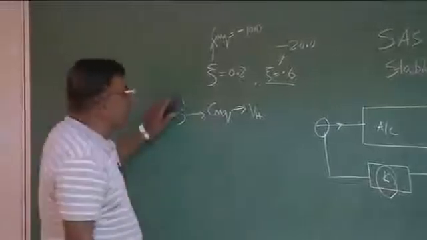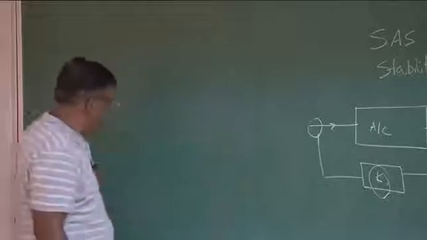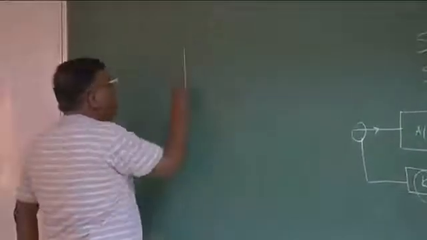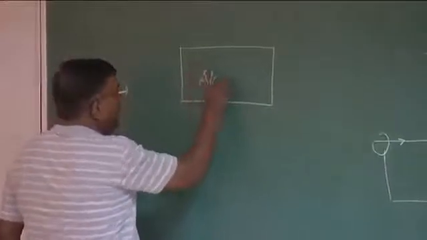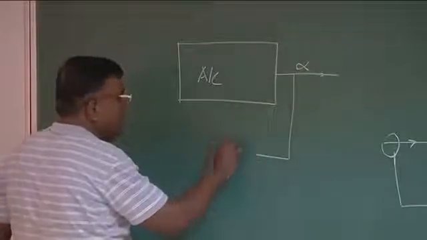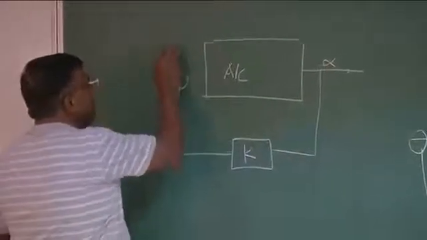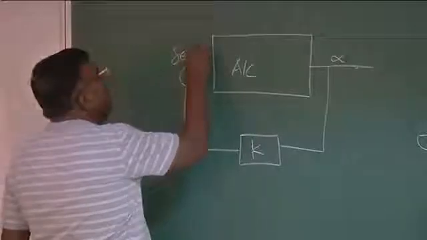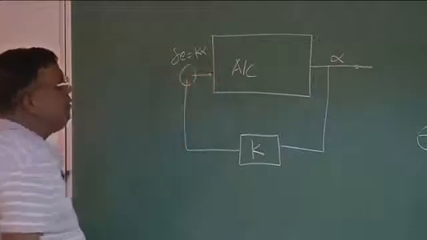Similar thing if you want to do for natural frequency. If you want to change natural frequency, what you have to do? This is the aircraft. This is alpha. You tap alpha and say K, and this is again delta E here, K alpha. Okay, that goes to the plant. So what happens?